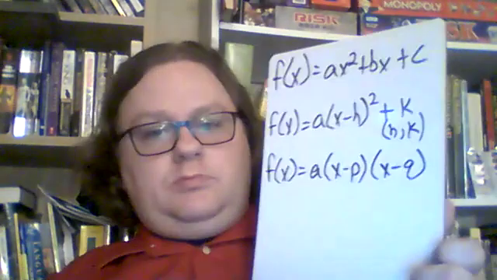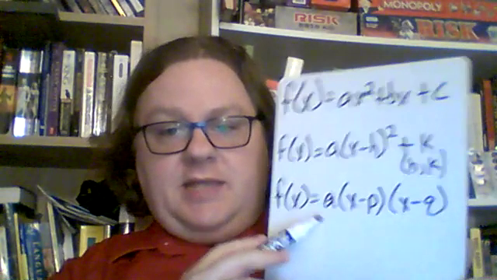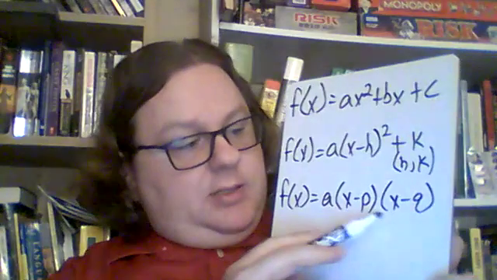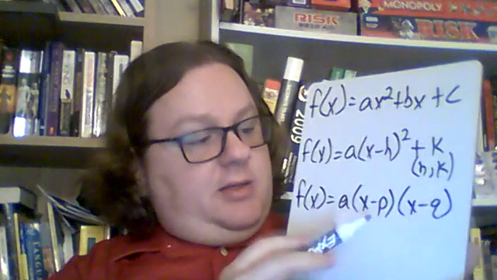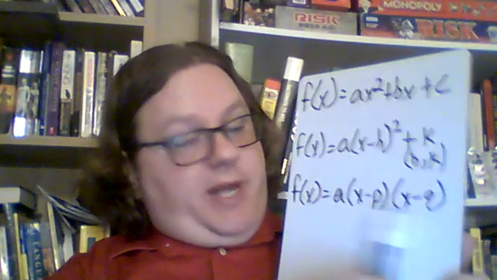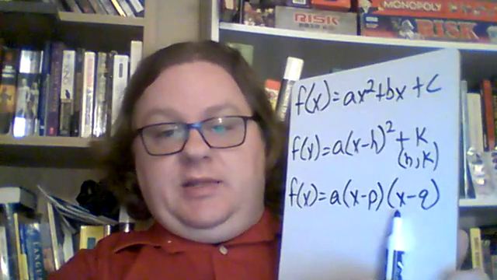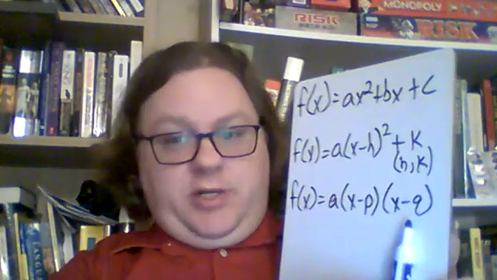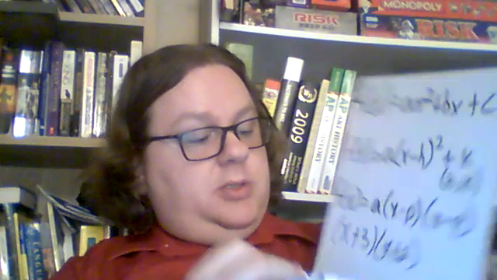This other one is a times x minus p times x minus q. Now, if you recognize this as a binomial, then you'll see that when we were solving for zeros earlier, they would give us a number, we would have like x plus 3 times x plus 2, right?